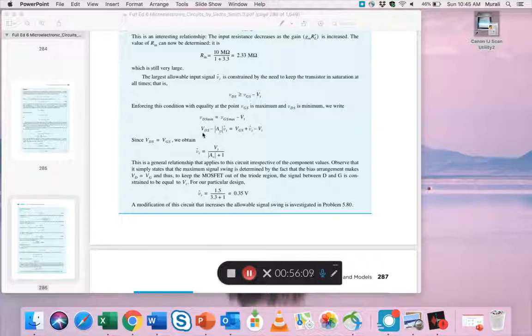So if you take the DC bias drain voltage and subtract the output signal, that should equal this overdrive value, right? The VGS minus VT. So using this equation and substituting certain values, he comes up with the maximum swing on the input side to be 0.35 volts.